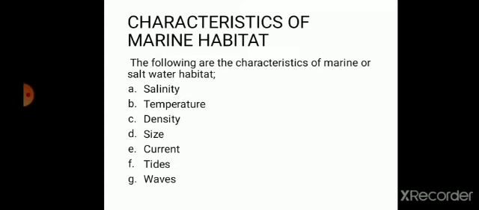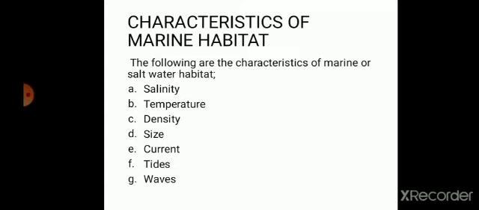So we have the currents. Currents are produced by wind at the surface of the ocean. The current here simply means the movement or speed of water in the marine habitat.